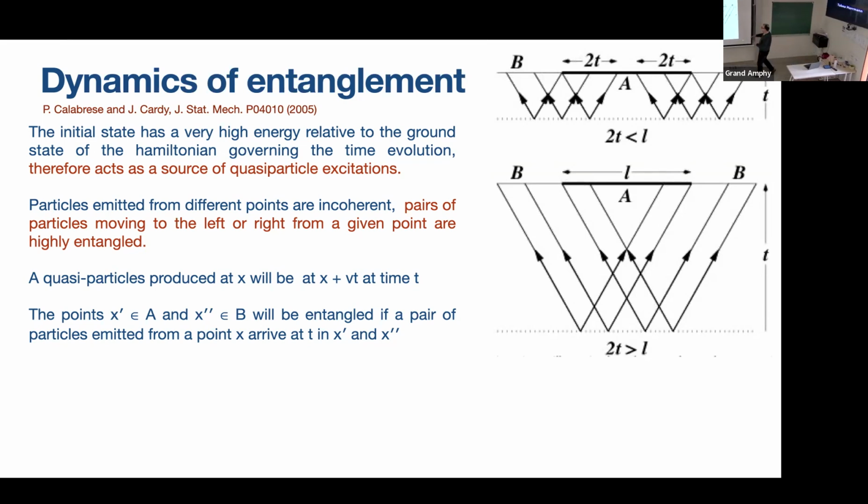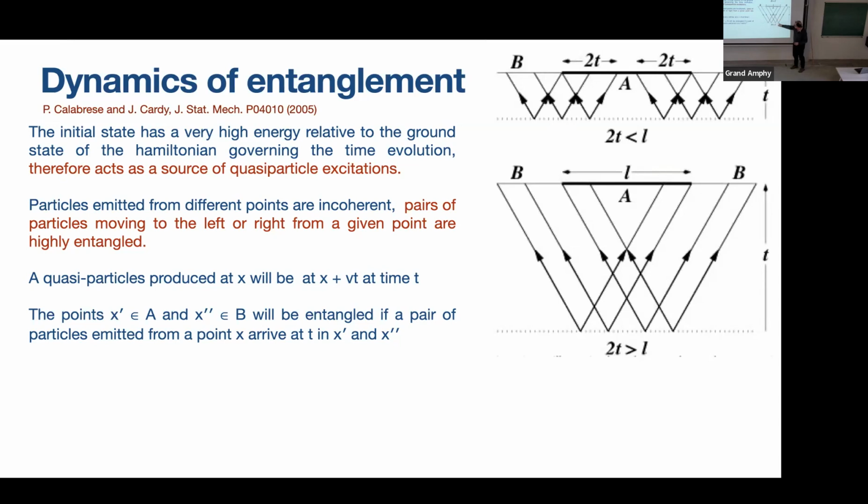I'm starting with a separable state, but if I compare to the evolution Hamiltonian, it's a state at some finite energy density. So I can imagine that at each point in space, pairs of particles are emitted in a kind of entangled situation.